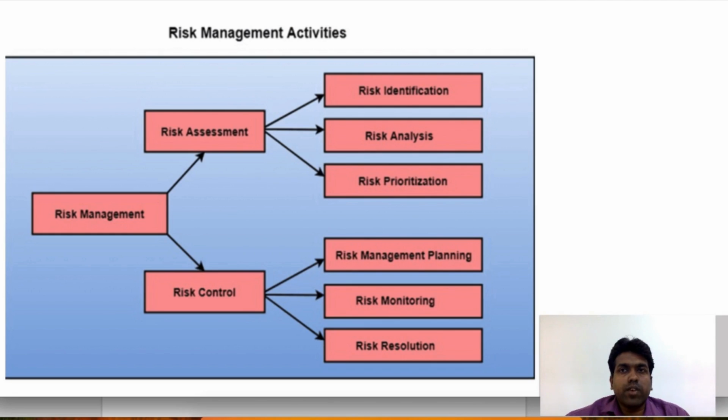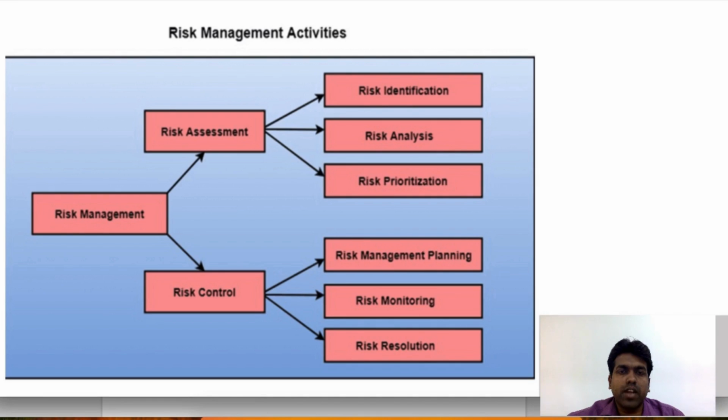If you talk about the management of risk, these are the activities involved in risk management. Risk management has two main activities. First one is risk assessment, and second one is risk control. Means we can either assess the risk or we can control it. In the assessment part, there are various processes like risk identification.